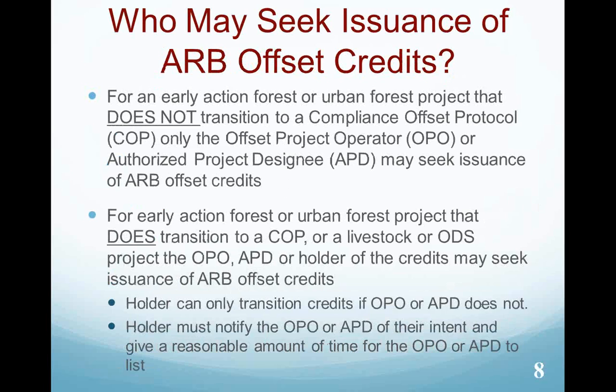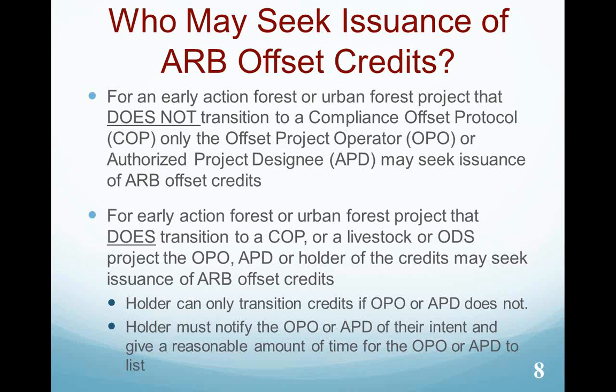Okay, who may seek issuance of ARB offset credits? In the case of forest and urban forest projects that do not transition to a compliance offset protocol, only the project operator or authorized project designee may seek issuance of the ARB offset credits. For projects that do transition and livestock and ODS, the OPO or APD or holder of the credits may request issuance of ARB offset credits.